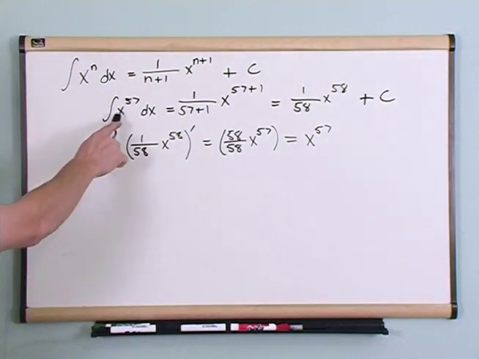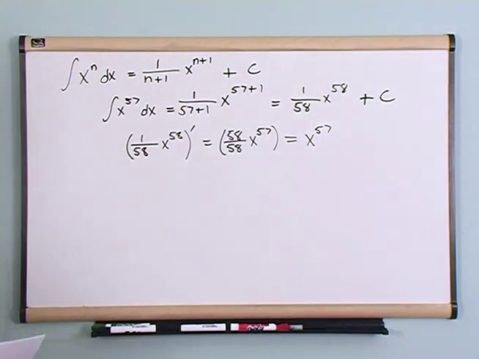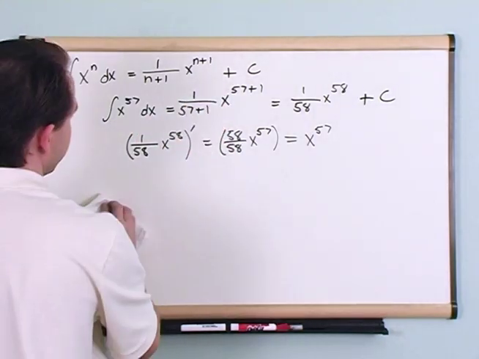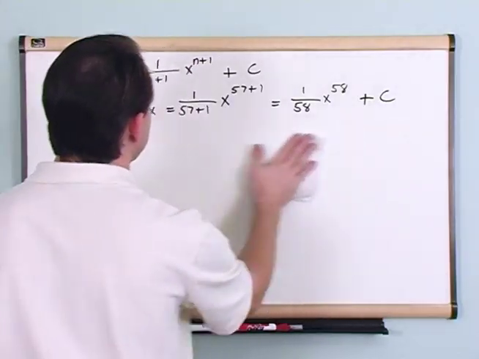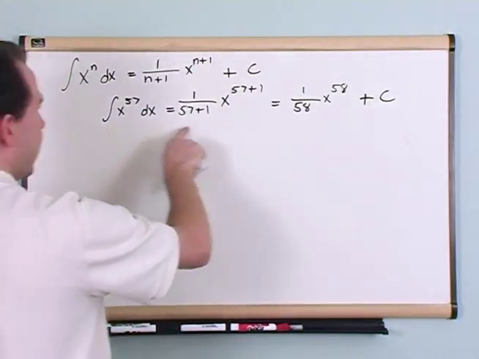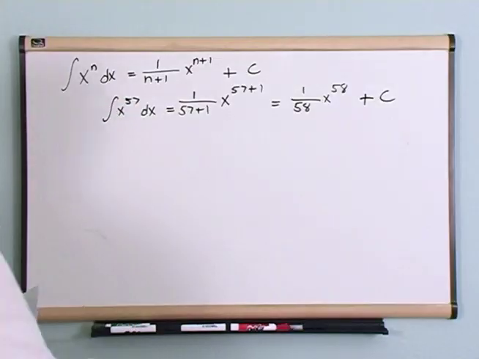So you end up where you started. So with derivatives, you end up subtracting 1 to get the exponent, and with integrals, you end up adding 1 to get the exponent. That's really the bottom line. This is the basic formula for how to integrate a polynomial.